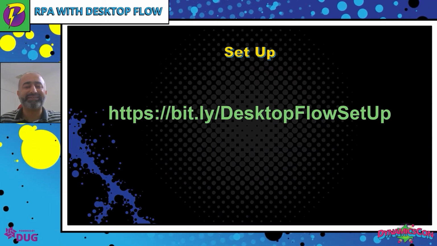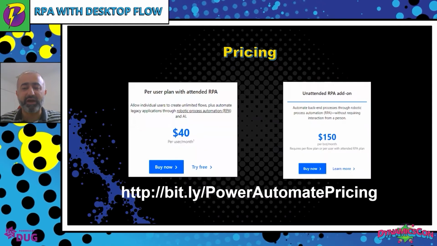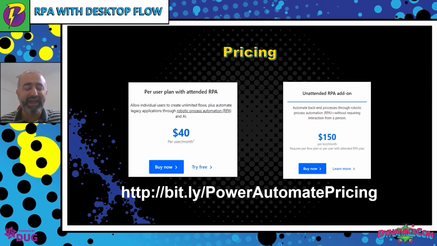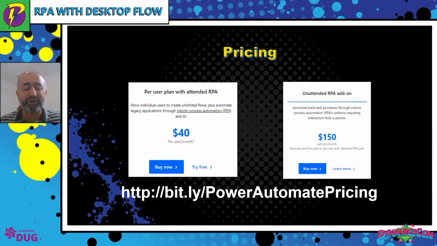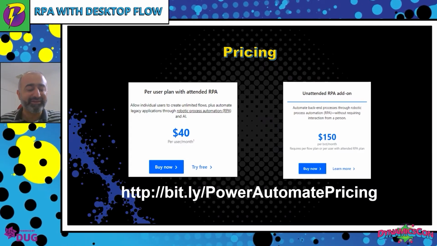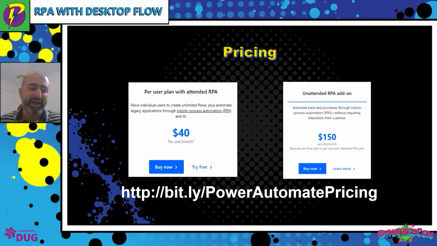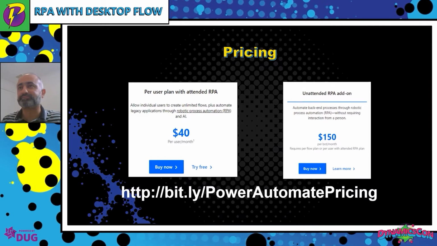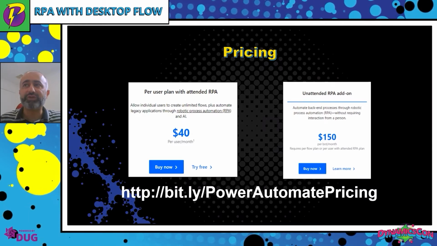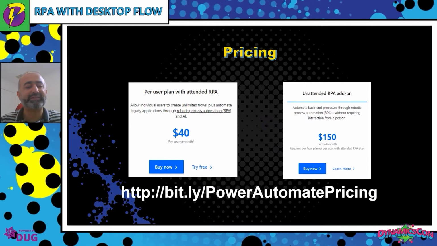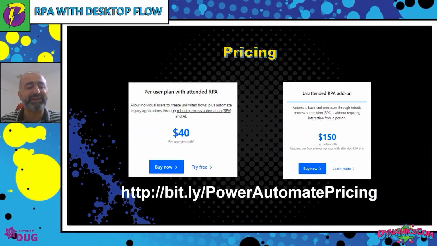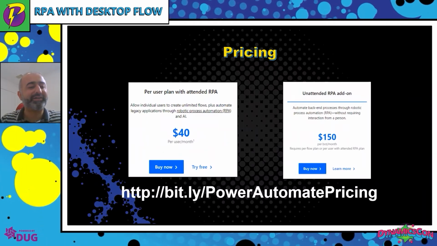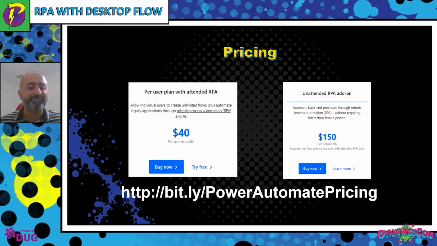Next thing is licensing or pricing about RPA. RPA is available as an add-on feature on top of Power Automate, and its standard add-on, which is per user, is available at $40. With $40, a single user can create unlimited RPA bots under the limit of their resources.